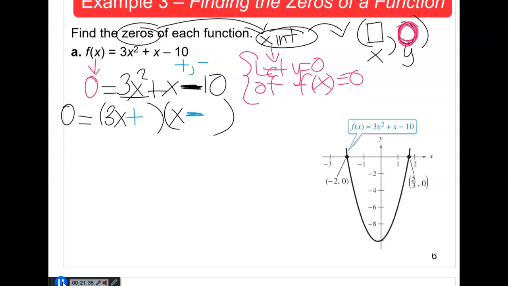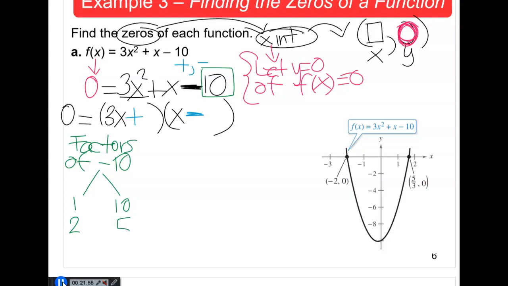And now for number 10, I have some factors. So I'm going to find the factors of 10, actually of negative 10. So those will be 1 and 10, or 2 and 5.